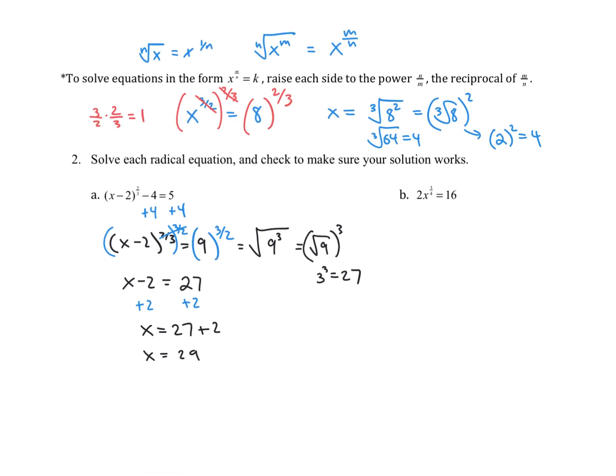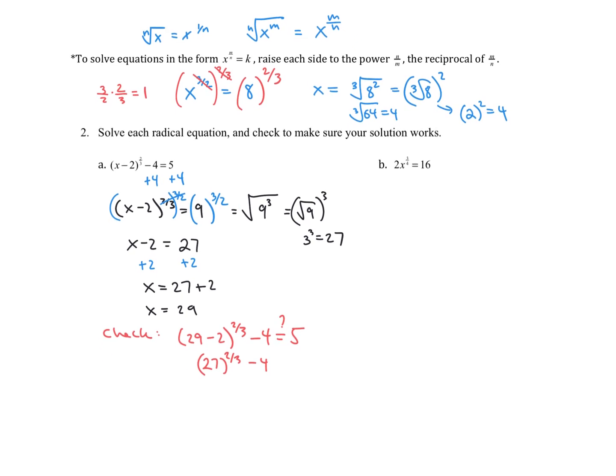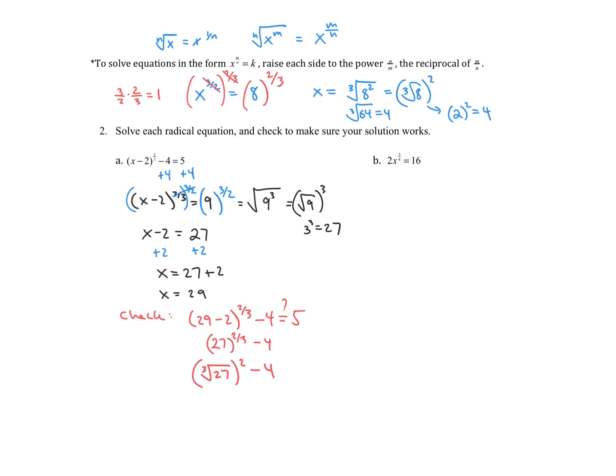And again, we should check our answer. So to check, we do (29 minus 2) to the 2/3 minus 4, and we check to see if we get 5. That would be 27 to the 2/3 minus 4, which is the cube root of 27, squared, minus 4.